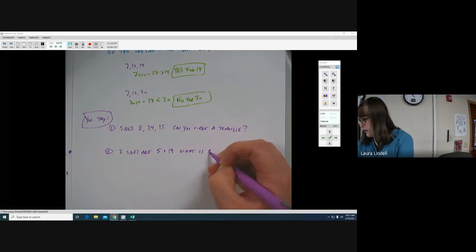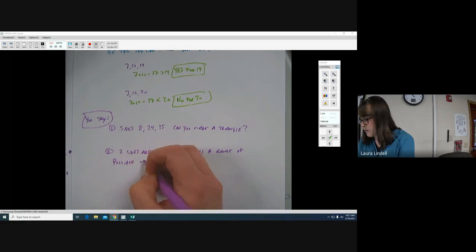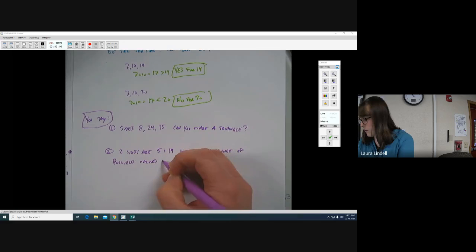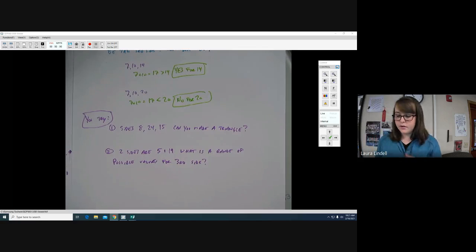What is a range of possible values for the third side? Okay, so try those real quick. When you think you've got it, type got it in the chat, and then we will move on to the assignment.